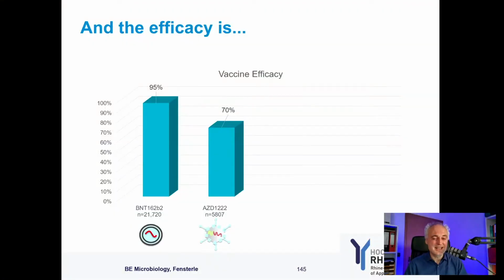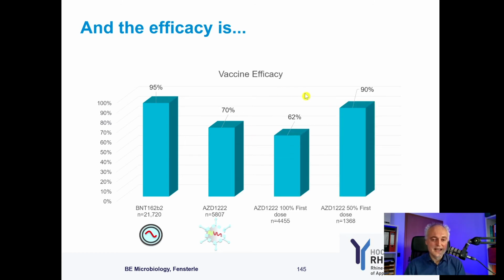The interesting thing about the AstraZeneca vaccine is that in the case where the complete first dose was injected, they are also scheduled with, I think, a 3 weeks interval. And usually you would inject the first and the second dose the same amount, so 100% first dose.